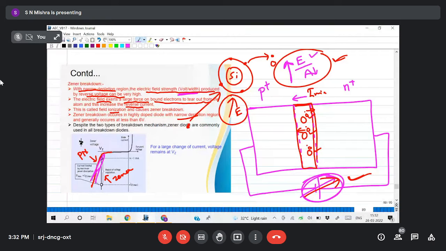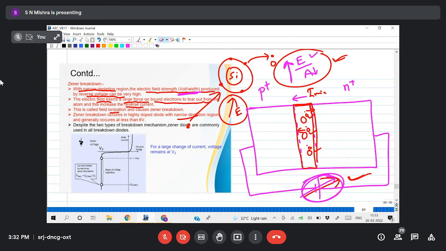You may get a question like differentiate between PN junction diode and Zener diode, or avalanche breakdown and Zener breakdown. So how many points can you mark here? First one is impact ionization, here field ionization. Lightly doped, here heavily doped. Depletion region wider, here narrow depletion region. Occurs at more than 6 volt, here at less than 6 volt.